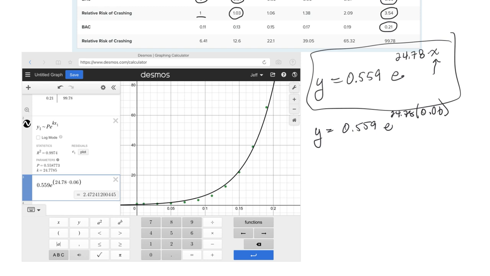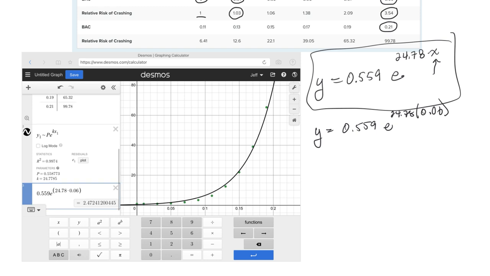Okay, so this says if my blood alcohol is 0.06, I'm 2.47 times more likely to get in a crash. Interesting that this number here, I'm looking at 0.06, it would be in between those ones. So I would think that the number would be in between those two. But the data, as you can see on the graph there, some of the data is below the line, some of it's above the line.